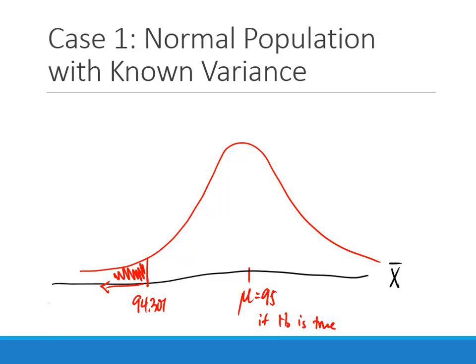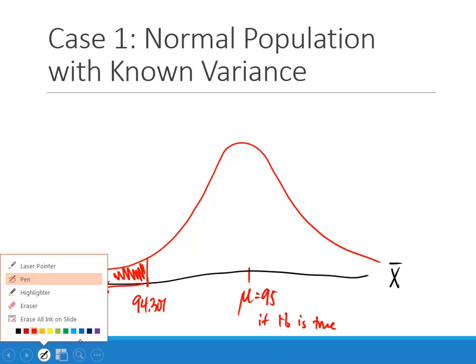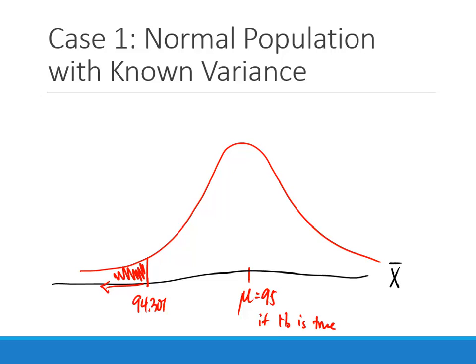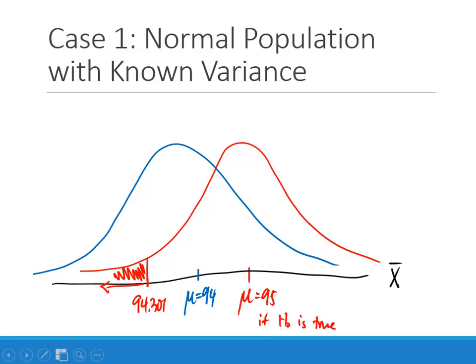Okay? Now, what about the other case? Let's say the mean is actually equal to 94. Then our distribution looks something like that, right? It's still a normal distribution, but it's shifted over to be centered at 94 instead of 95.